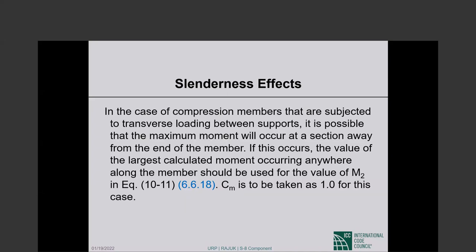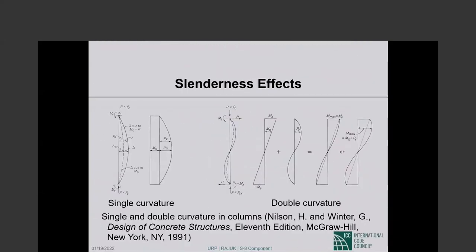the value of M sub 2, not the end moment, okay, the largest moment. And in that case, C sub m is equal to 1.0. Okay? Now this picture I also took from Winter and Nielsen, in order to explain to you this difference between single curvature and double curvature, why C sub m is small for double curvature and larger for single curvature.